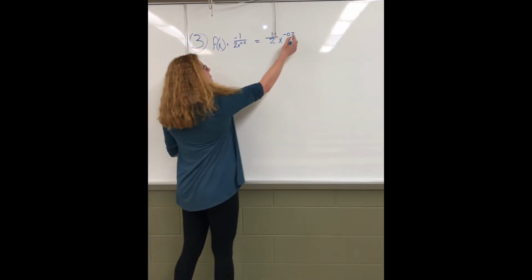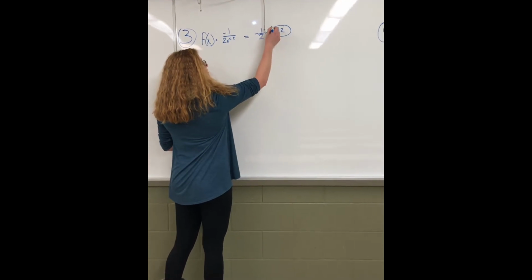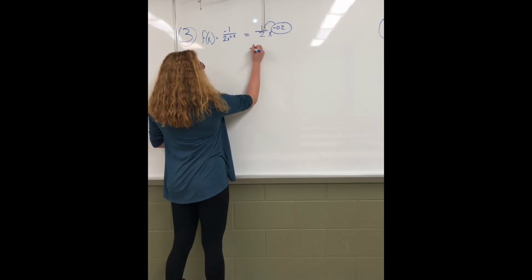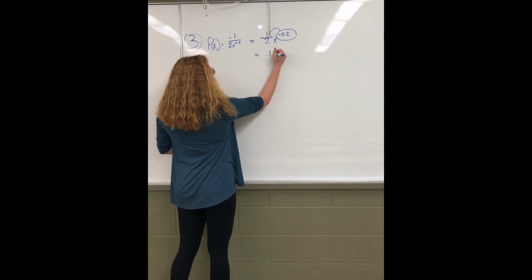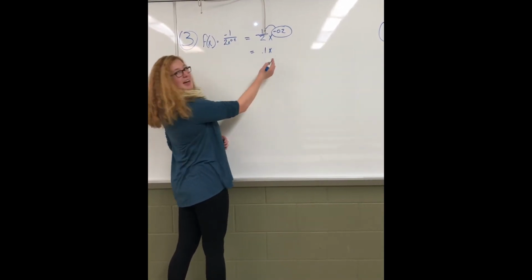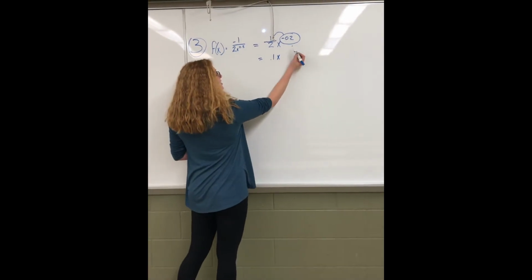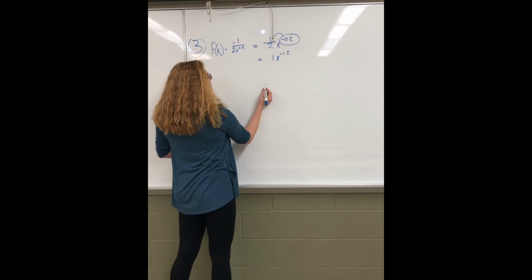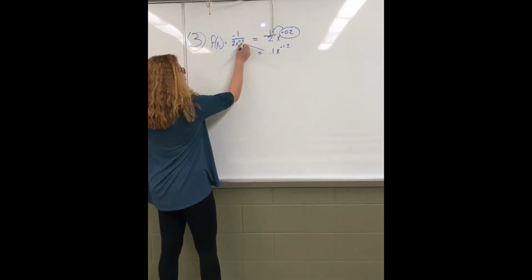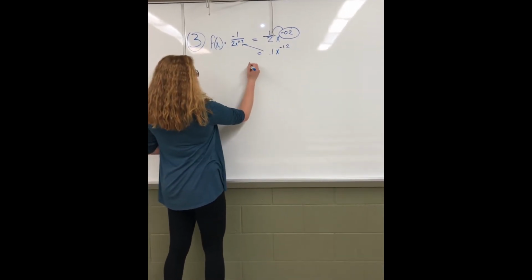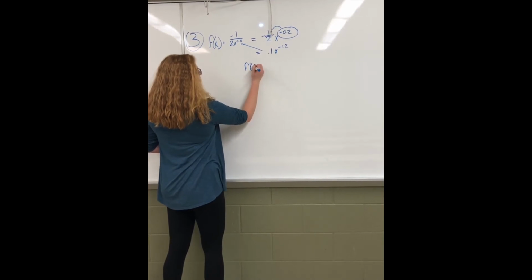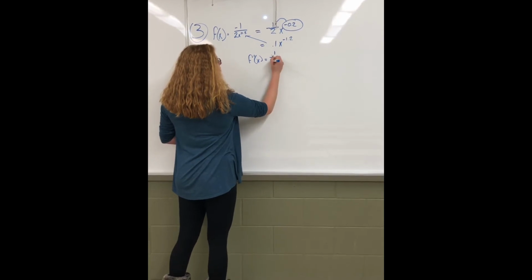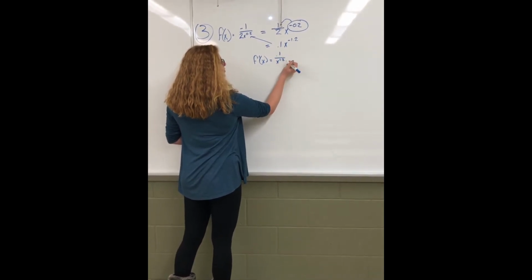So what you would do is you would take negative 0.2 and multiply that by negative 1/2, and you would get 0.1 x, and then you would subtract 1 from negative 0.2, and you'd be left with negative 1.2. And then to get that into a simplified fraction form, you would be left with f prime of x equals 0.1 over x to the 1.2 power.